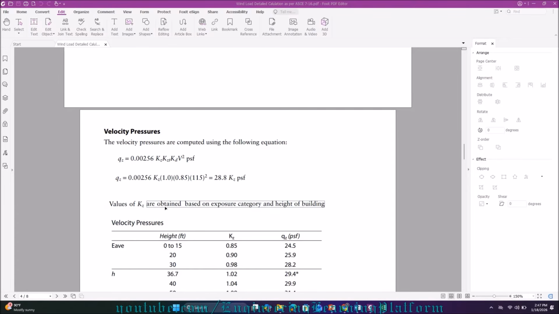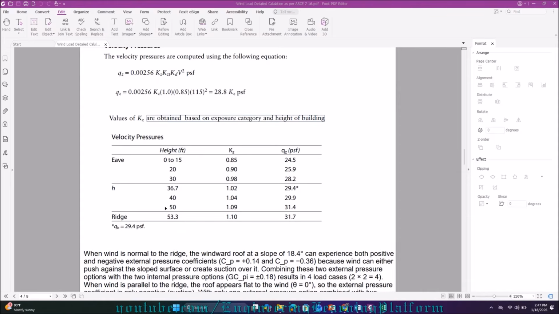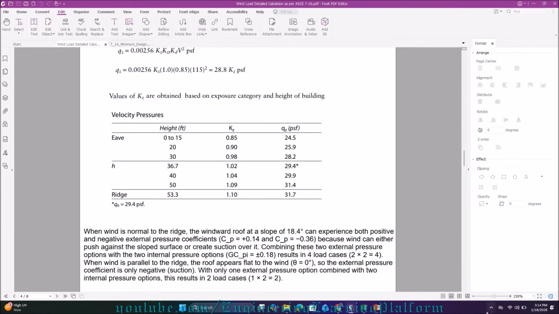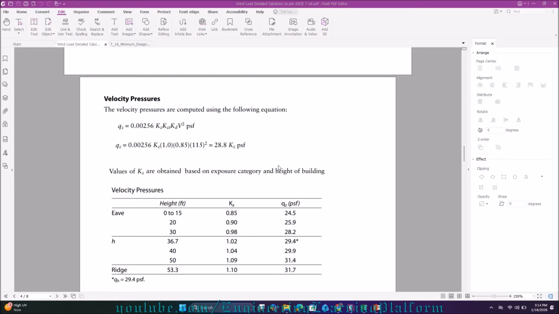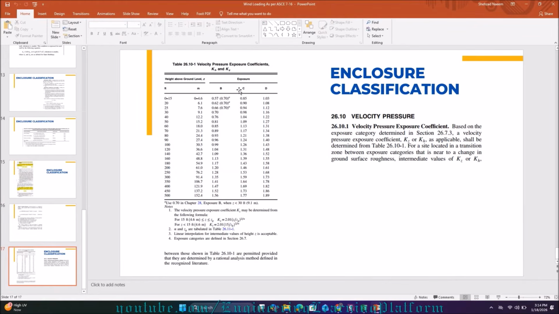So the value of KZ is obtained based on the exposure category and height of the building. That's what we have seen in the code. Here you can see, based on your exposure category and your height of the building, you select the KZ value.